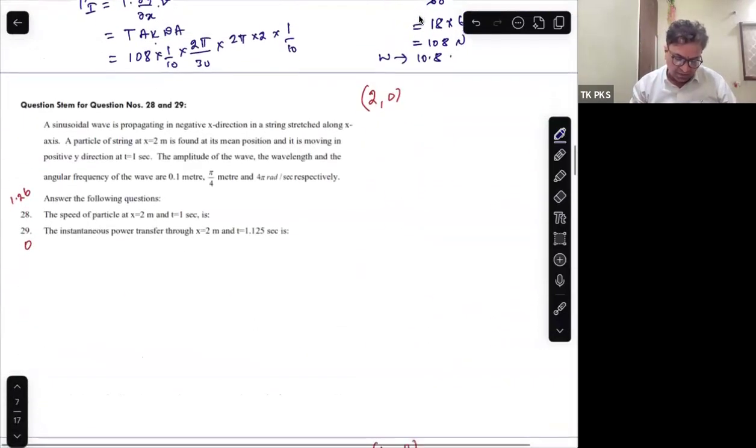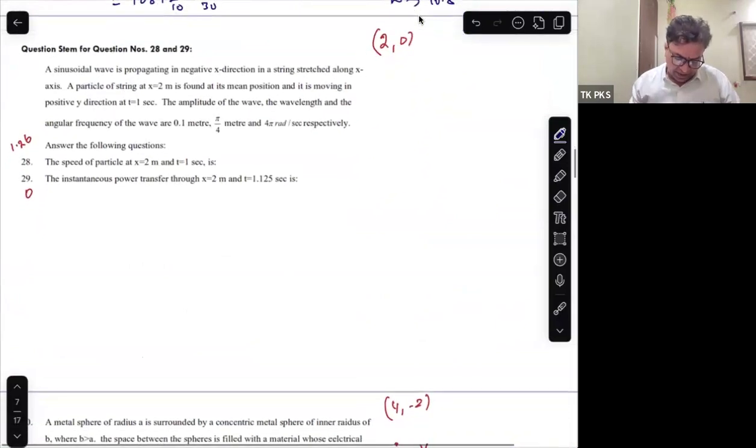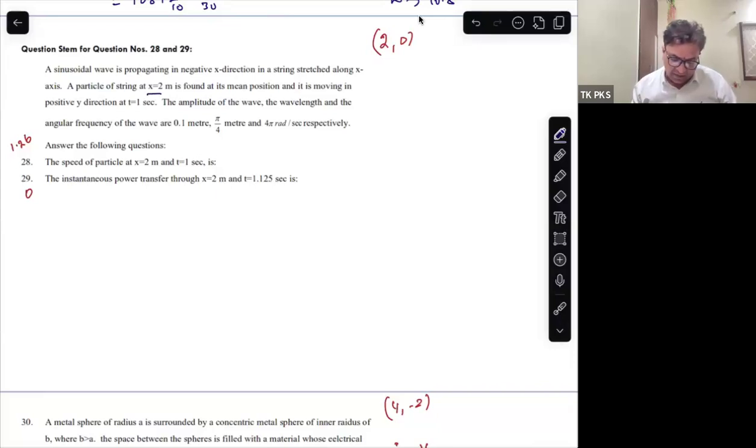One last question. A sinusoidal wave is propagating in the negative x direction in a string stretched along the x-axis. A particle of the string at x equal to 2 meters is found at its mean position. Mean means normal position. And it is moving positively in y direction at t equal to 1 second.